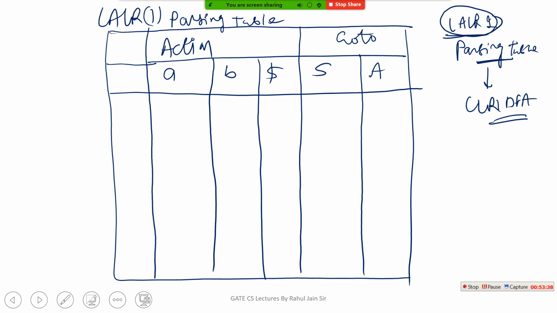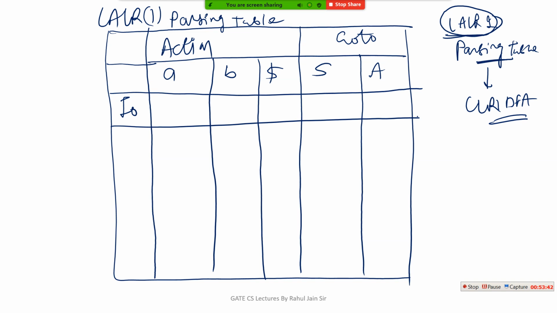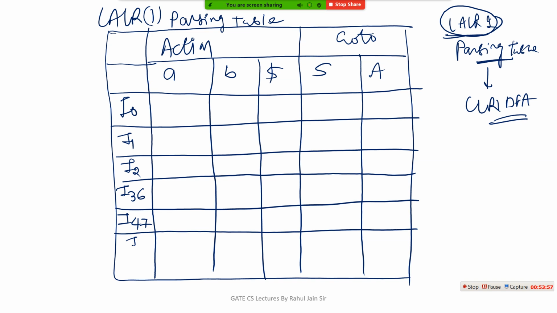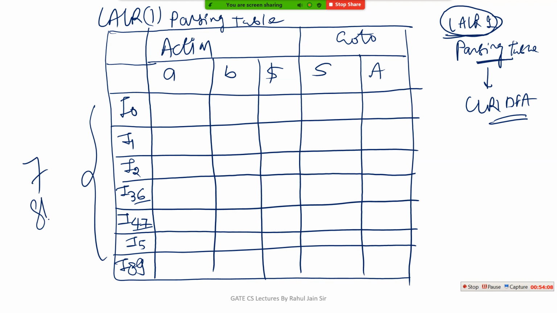So from the merging, I0 will be one entry, I1 one entry, I2 one entry, I3 merged with I6 gives I36 as one entry, and I4 merged with I7 is one entry. I5 is itself, I6 and I7 are merged already, and I8 has merged with I9. So the total number of states is now 7.